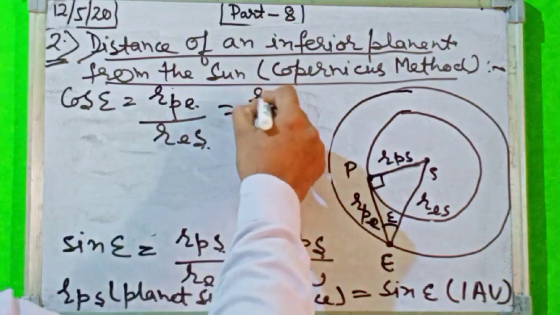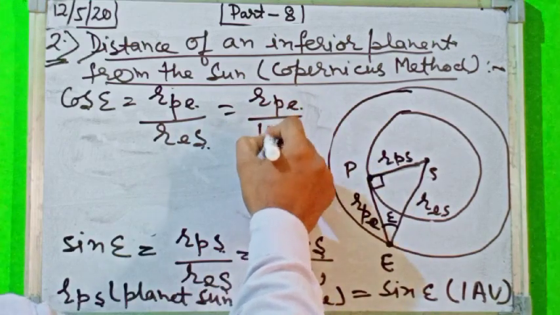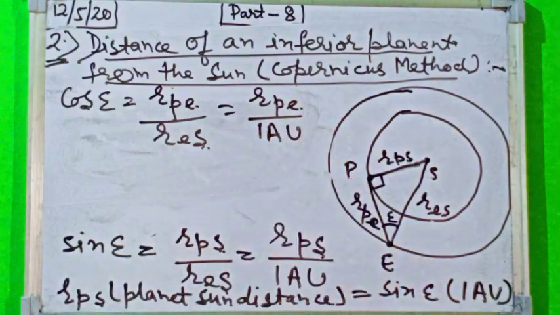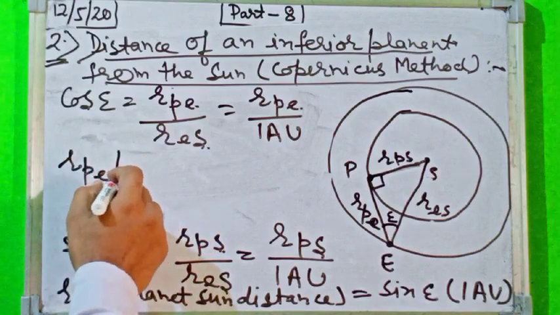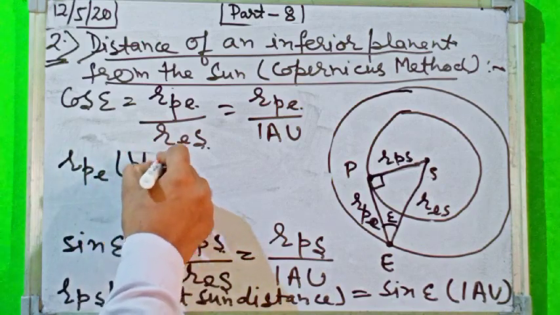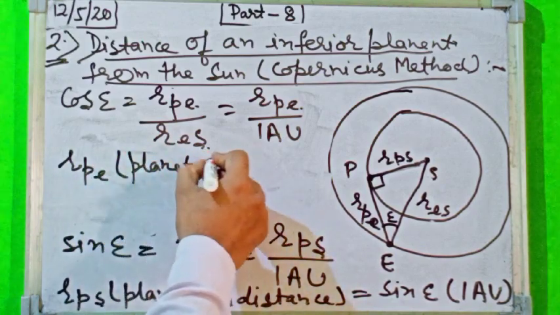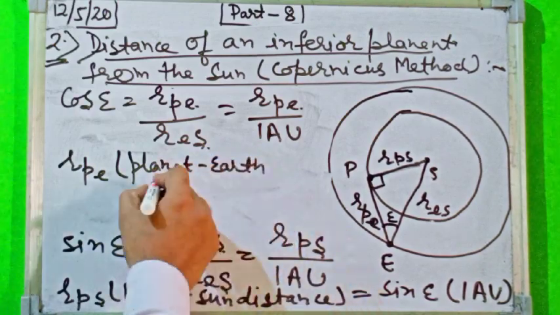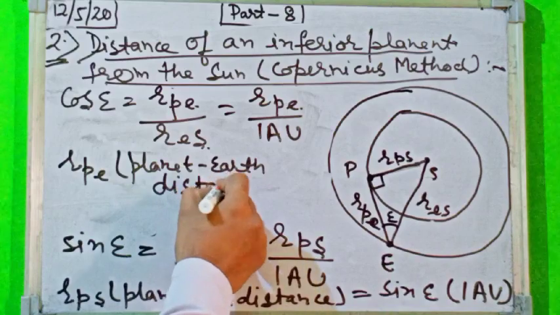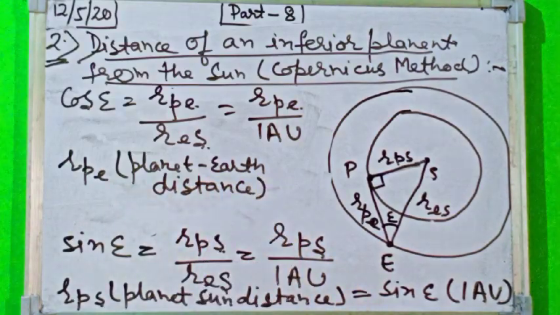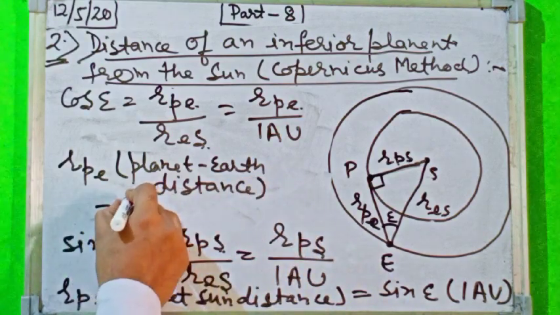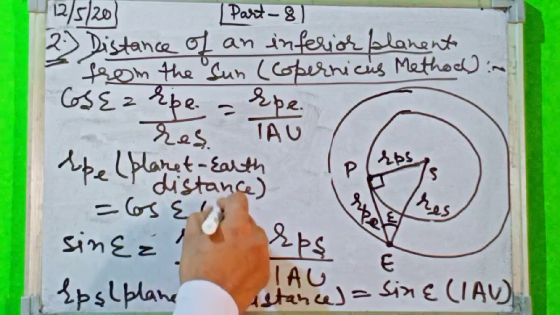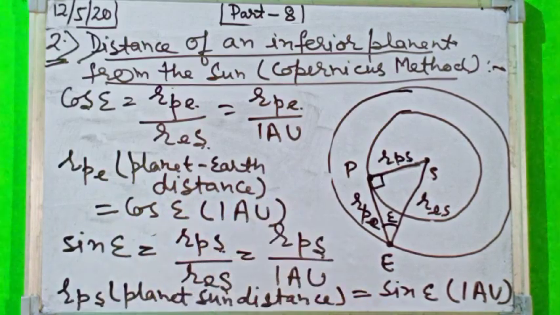So we can put RPE upon 1 astronomical unit, and from here RPE, the planet-earth distance, is equal to cos epsilon into 1 astronomical unit.